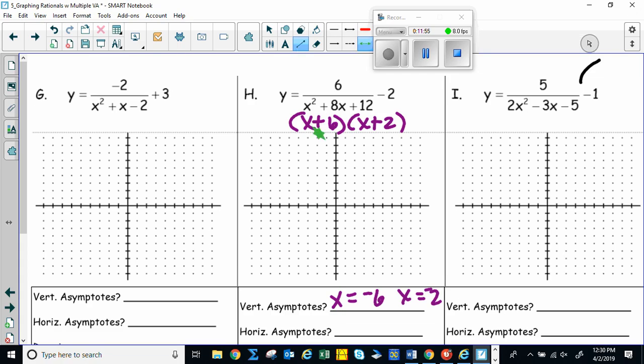So -2 and 3, 4, 5, 6. Here we go. Now I do have something that I'm adding or subtracting from the fraction, and that's -2. So that will be my horizontal asymptote. My horizontal asymptote is y equals -2.